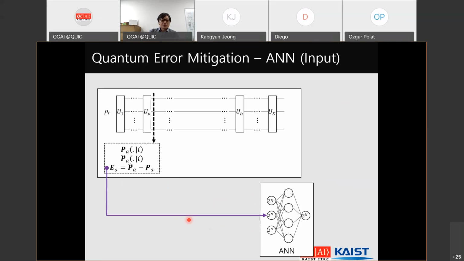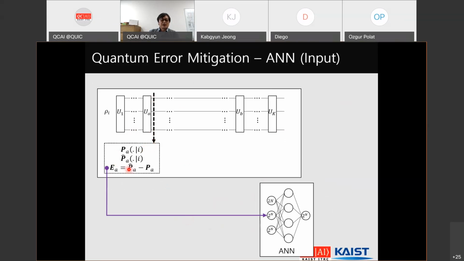So this is how we configured the training network. In the beginning, at a certain depth position in the circuit, we take the input state like this one.